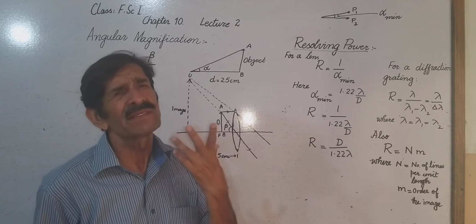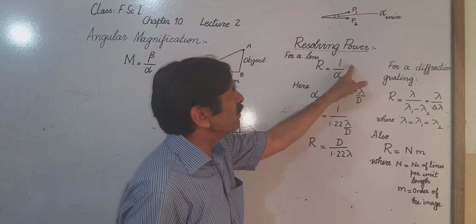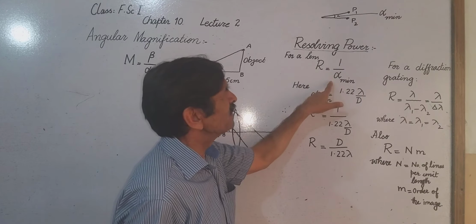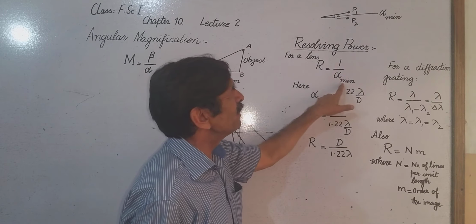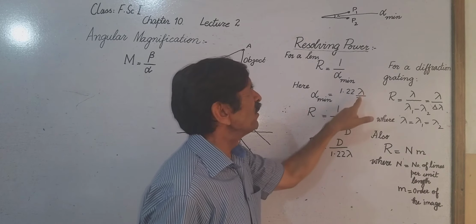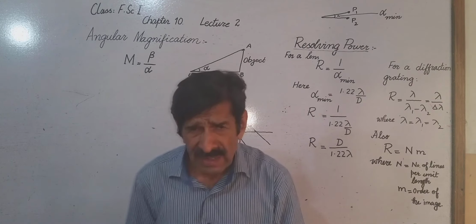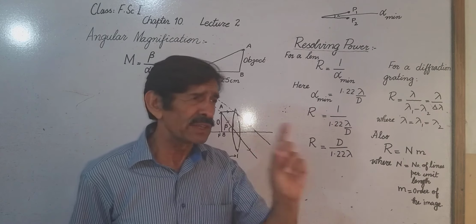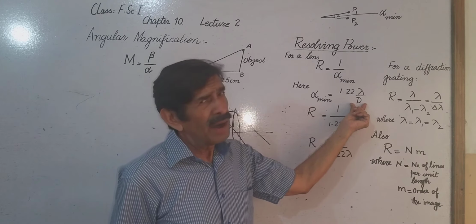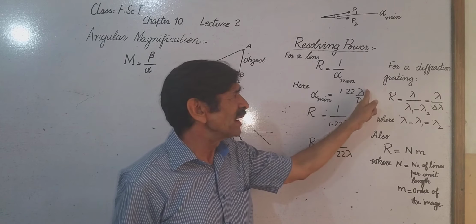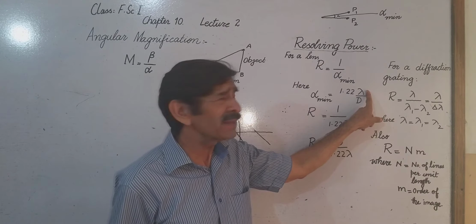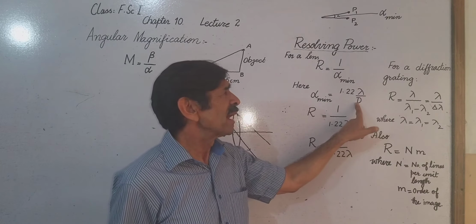That ability we call resolving power, and it is defined as 1 by alpha minimum, where alpha minimum is equal to 1.22 lambda over d. Lambda is the wavelength of light used to see the object, and d is the diameter of the lens.